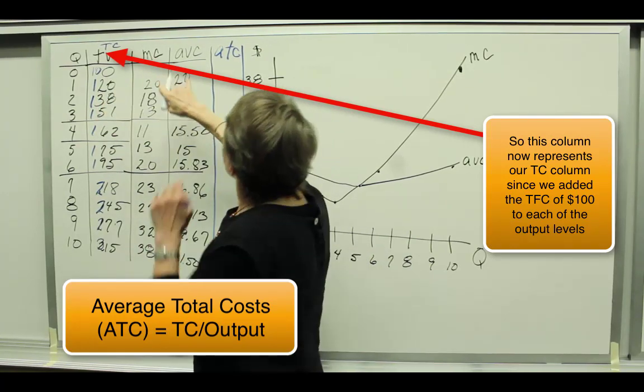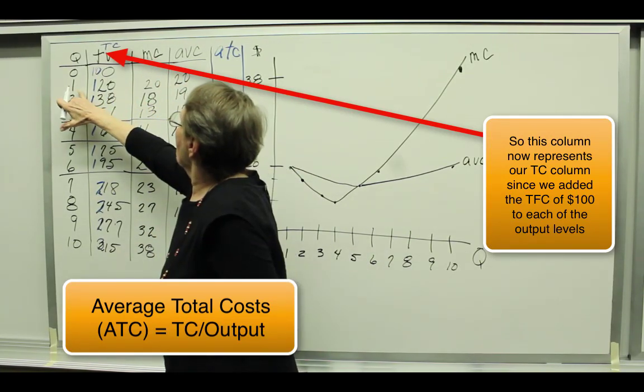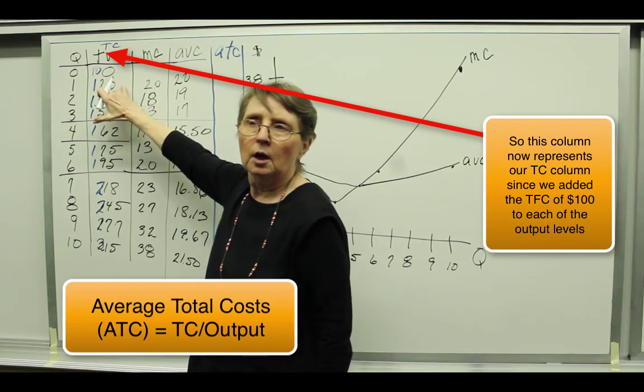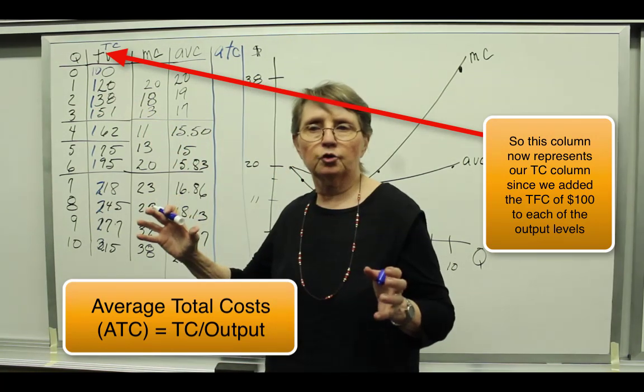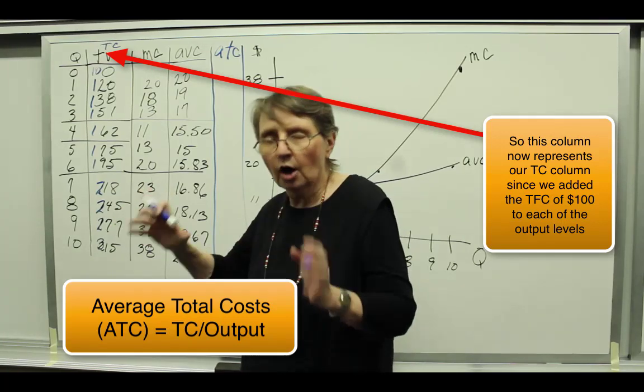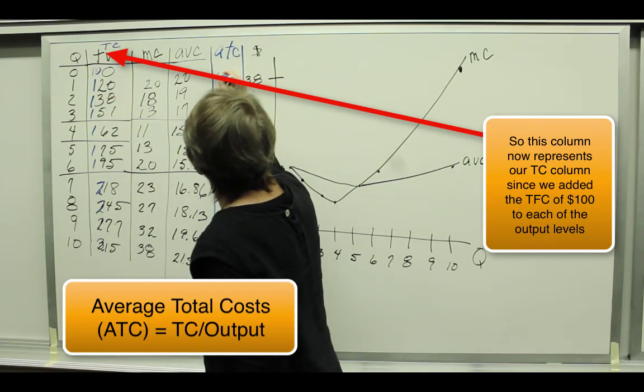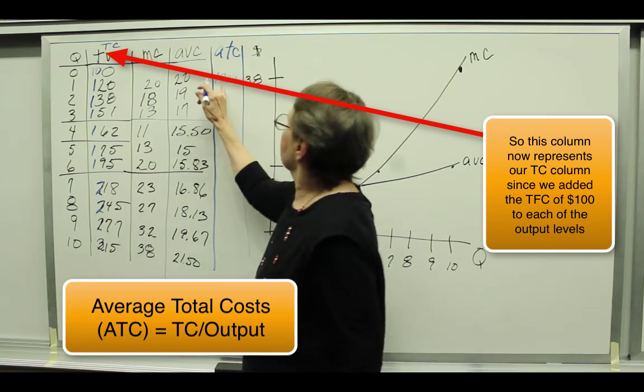So if I make one widget, my total costs are $120. So on average, the total cost associated with each one of those widgets is $120. Does that show up?